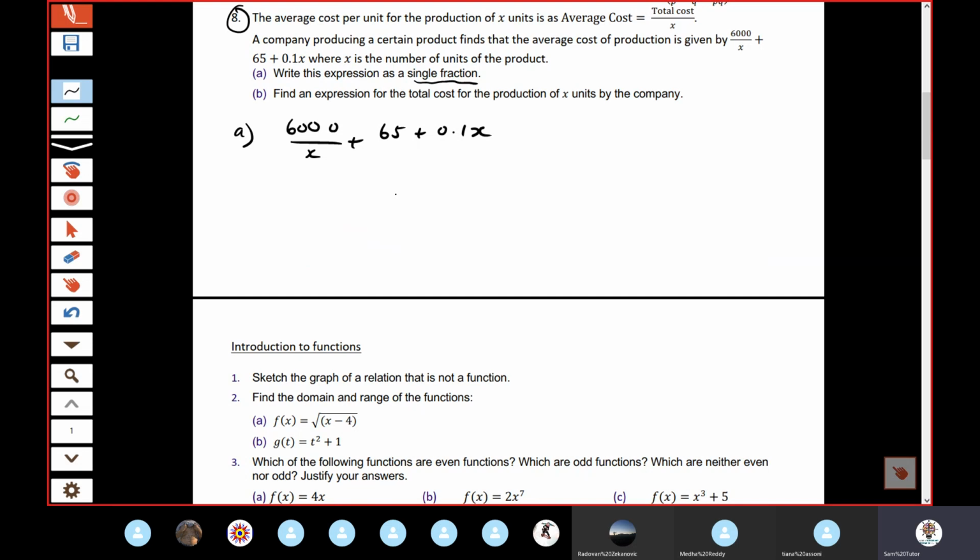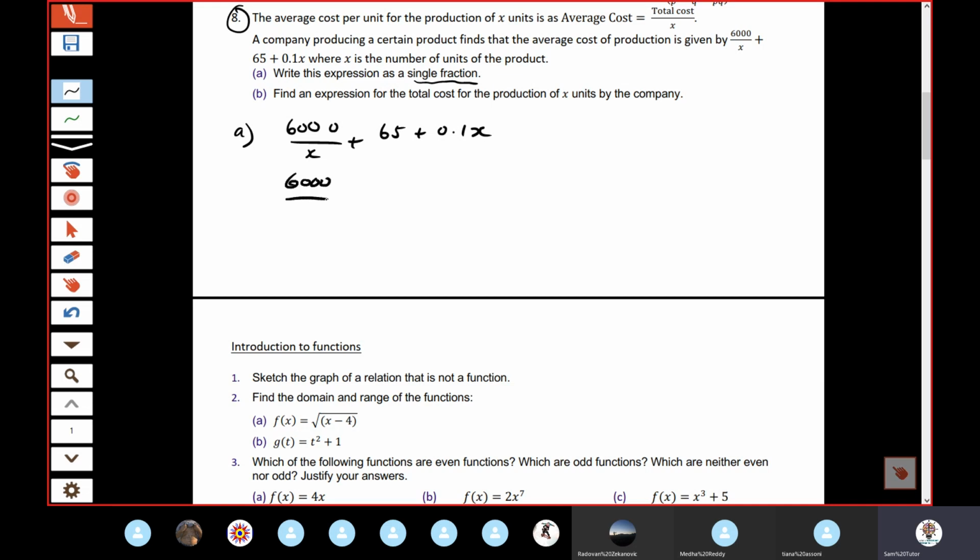What's the first thing you would have to do if you want to change it to a single fraction? What's really annoying? Or what's hiding? There's something in there that's hiding. Yeah, not over 1, over 10. 0.1. So 0.1x, you don't want to use 0.1 because 0.1 is a fraction.